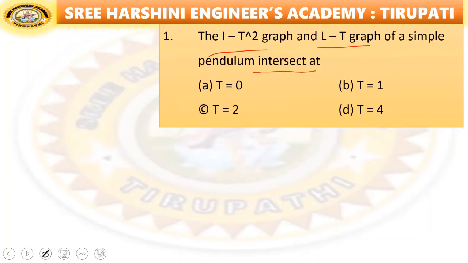See the graph here. The graph is like this. On the y-axis, length; x-axis, T. This is where the L-T squared and L-T graphs intersect.